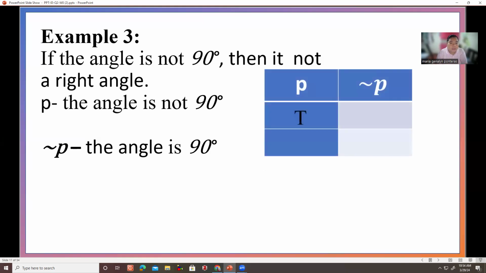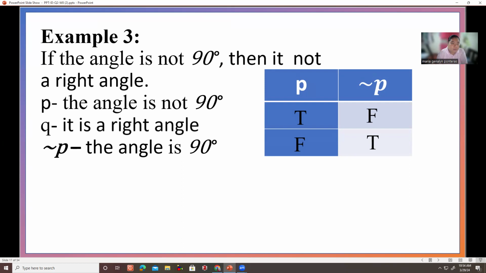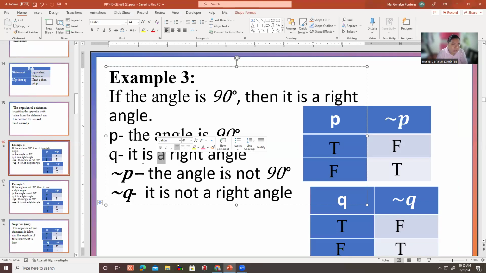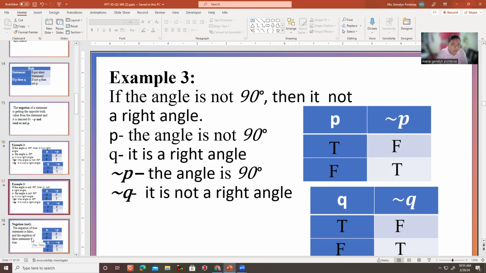If P is true, not P is false. If P is false, not P is true. So you hold the same truth value. Q, it is not a right angle.